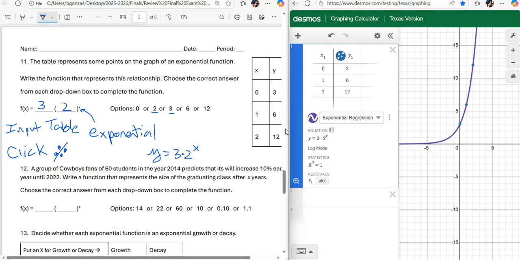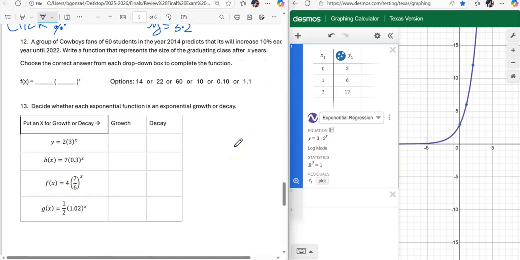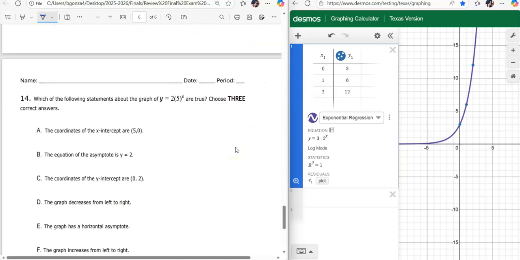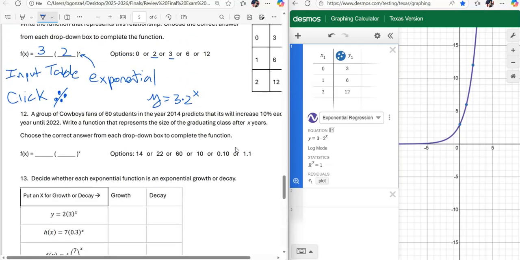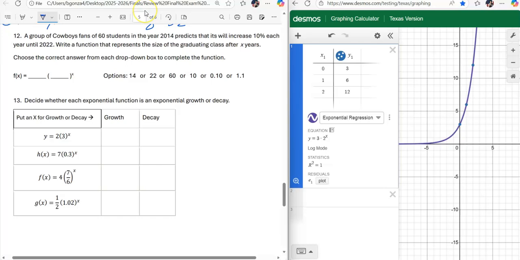Cool. All right. Number 12. This is probably one of the harder ones on the final. Okay. So it says a group of Cowboys fans of 60 students will increase by 10%. So what you start with is your A value, and this is your A value, so 60.